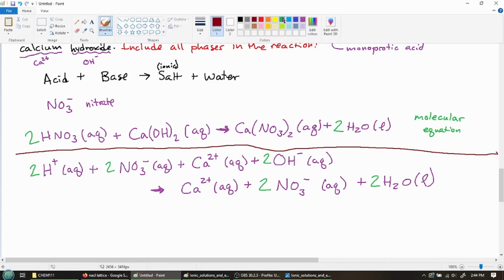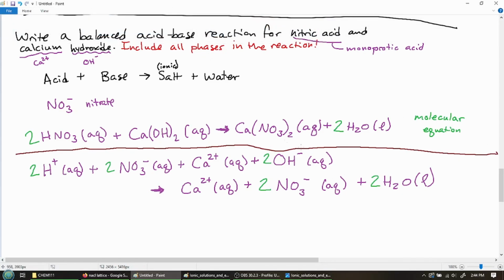This second reaction that we've written out is going to be the complete ionic equation for the acid-base reaction of nitric acid and calcium hydroxide. After this, we're going to identify the net ionic equation.